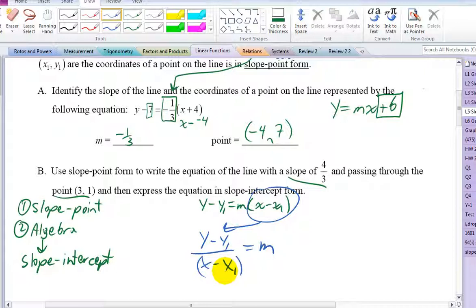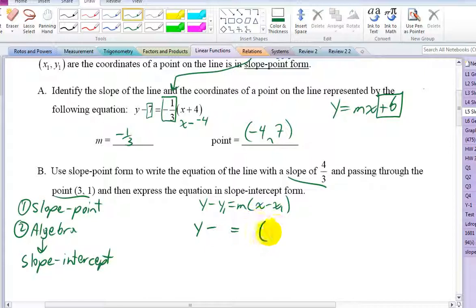That's your slope equation, right? That's all I've done there. Okay, don't need to know that. Continuing on. So substitute in. What goes right here for m?